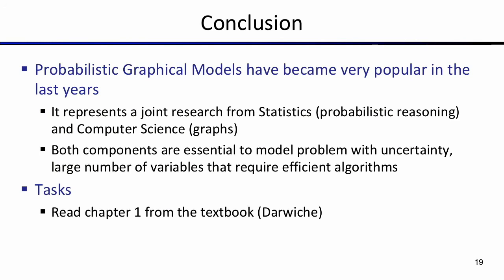I hope that now you have a little bit more understanding what you're going to study during this course. Again, I think this area is very interesting because it's a joint research of statistics, where we get the probabilistic reasoning, and computer science when we bring the graphs, and we put those two components together in order to have something that can use probabilistic inference in a larger scale with a larger number of variables.